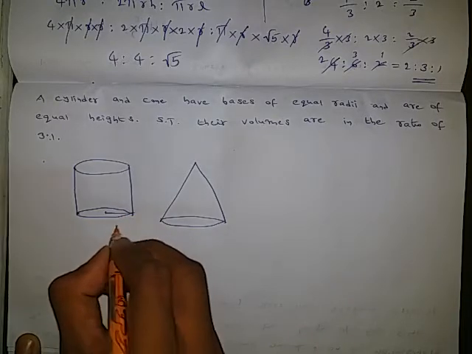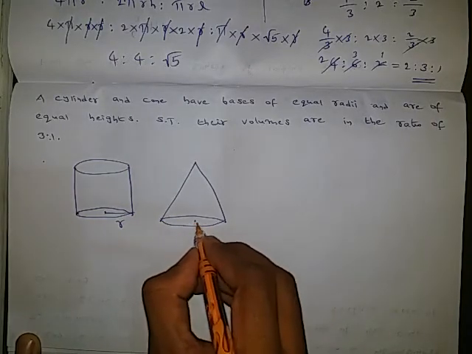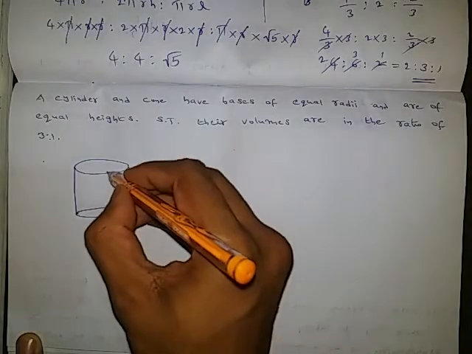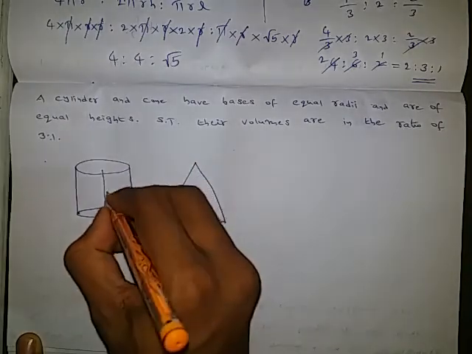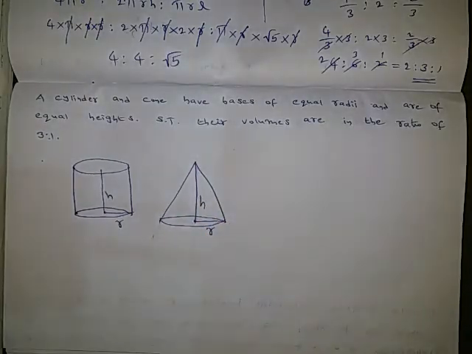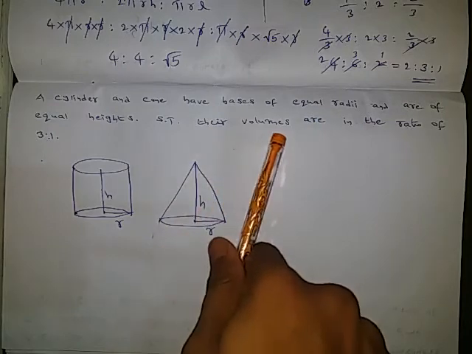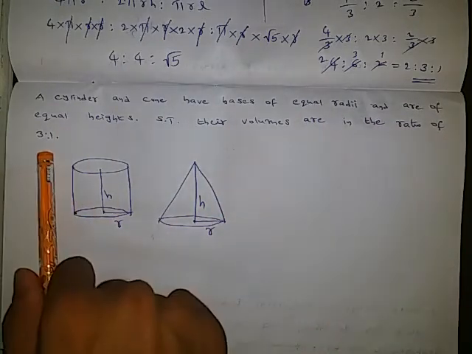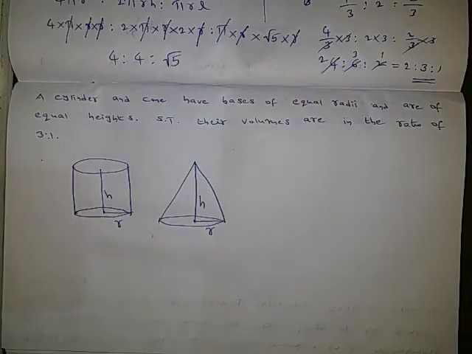So if the cylinder radius I am taking as r, the cone radius is also r, and the same height. If the cylinder height is h, the same height h will be there for the cone also. Then show that their volumes are in the ratio of 3:1. Again we need to find out the ratio of the volumes.